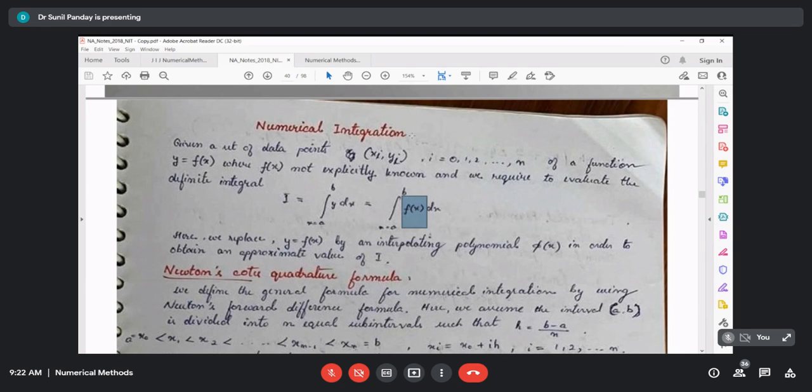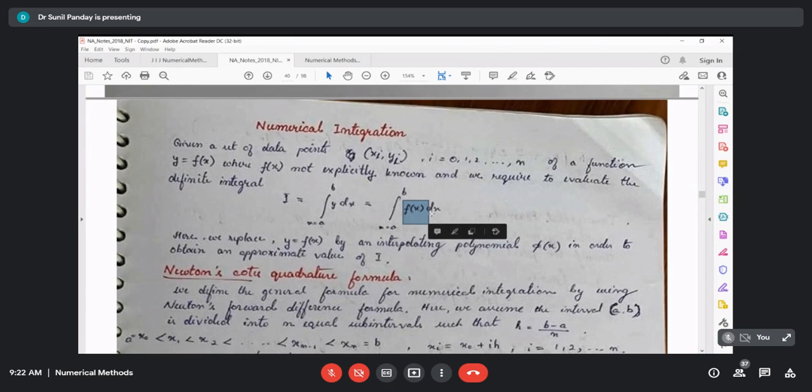In that case, we already have the definite integration limits, lower limit and upper limit. So we find n equally spaced points within this interval a to b, and on those points, because we now know f(x) explicitly, we calculate the value of f(x).